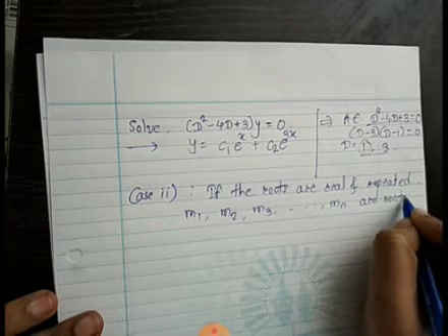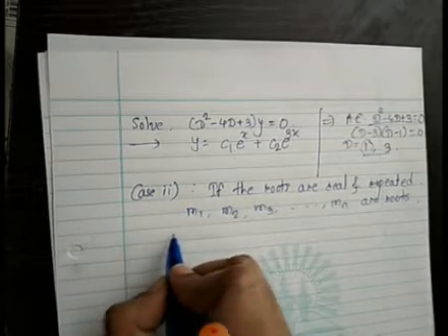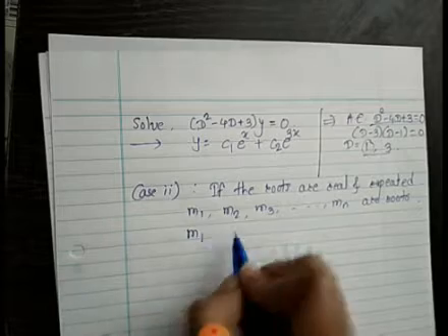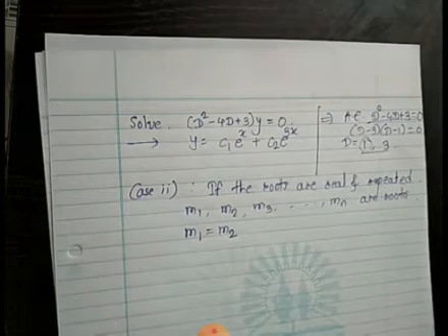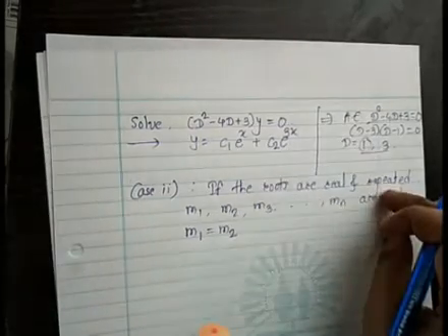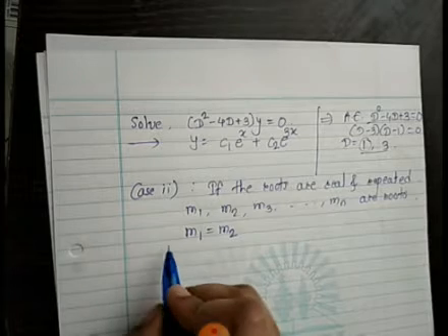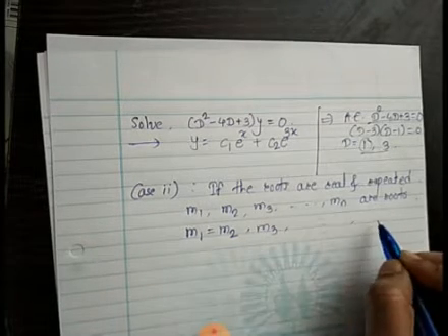But if we check, we can see there are roots which are repeating twice. So m1 we can say is same as m2 in this case, and all others are different. So in such a case, how to write the solution?